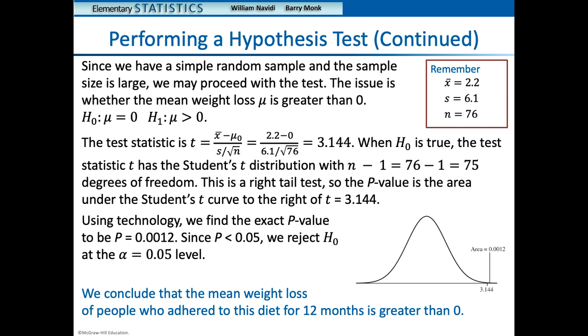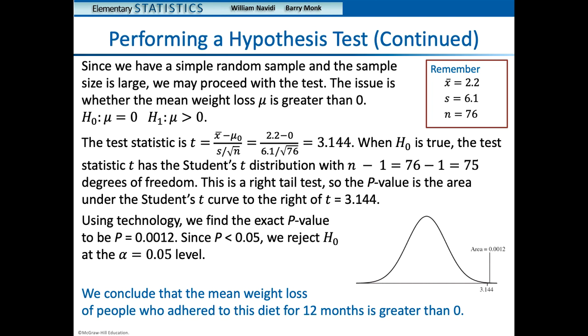Now we're going to go over two ways to identify that p-value. It turns out the only way to find the exact p-value is to use technology such as your TI-84 calculator. We do have a student's t-distribution chart, which we used in the section on confidence intervals.